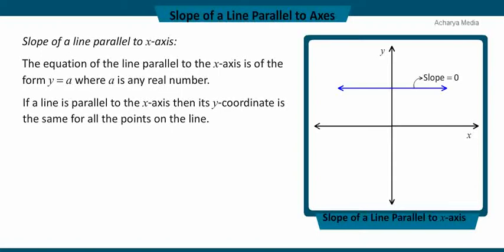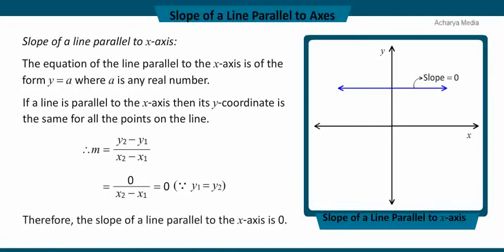Therefore, m is equal to y2 minus y1 by x2 minus x1 is equal to 0 by x2 minus x1 is equal to 0, since y1 is equal to y2. Therefore, the slope of a line parallel to the x-axis is 0.